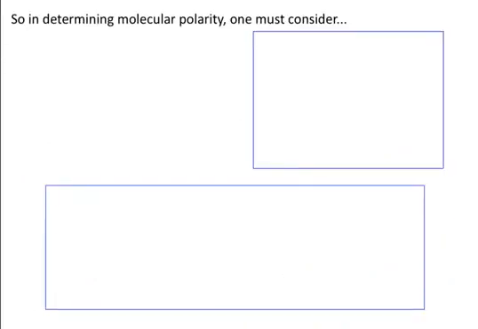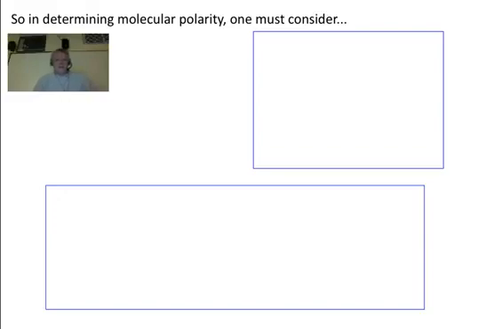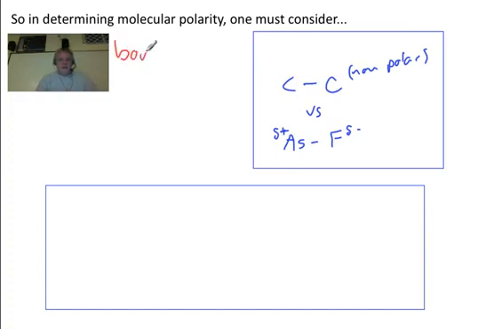So just to quickly summarize, in determining molecular polarity, there's a few things you have to take into consideration. So the first one would be bond polarity. Okay, so you cannot end up with a polar molecule if there is no bond polarity. So carbon-carbon bonds, carbon-hydrogen bonds, all that sort of bonding that gives you a nonpolar bond will give you nonpolar molecules irrespective of the shape.